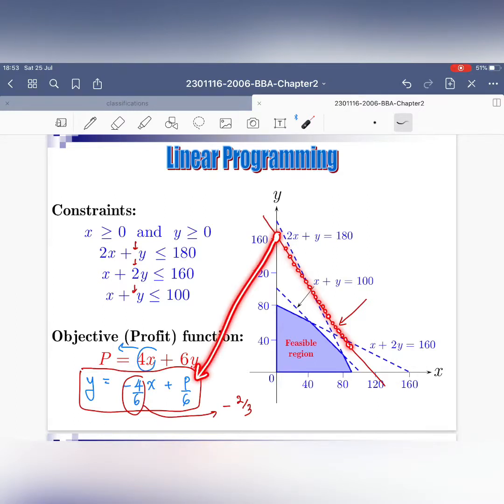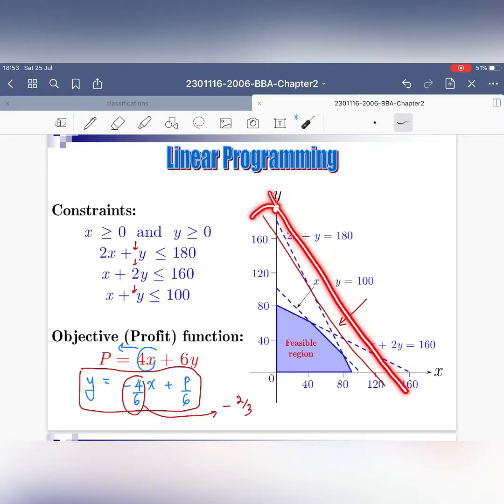So if you move this line up, doing a parallel translation just like this, the y-intercept is higher, so your p over 6 will be more. You know what I say? So comparing with the previous line, a new one will give you more profit along these x and y points here.